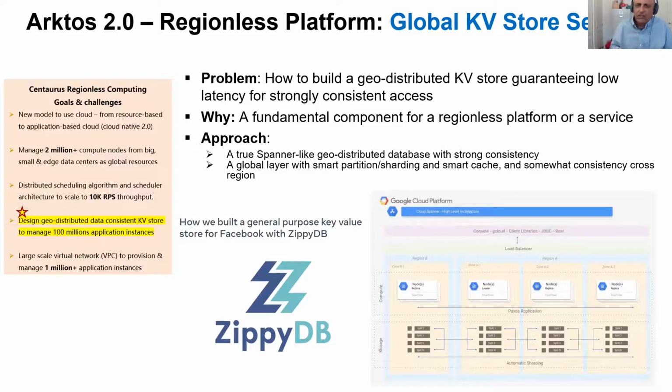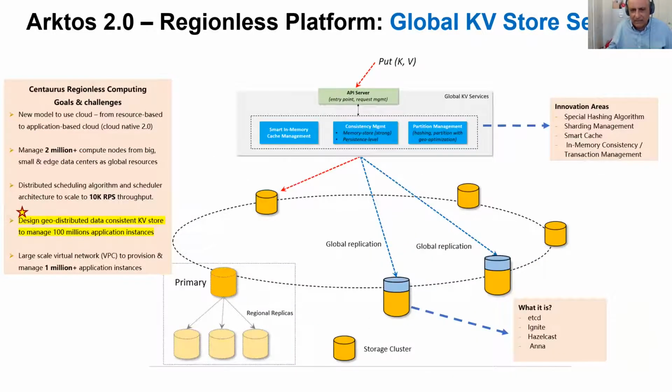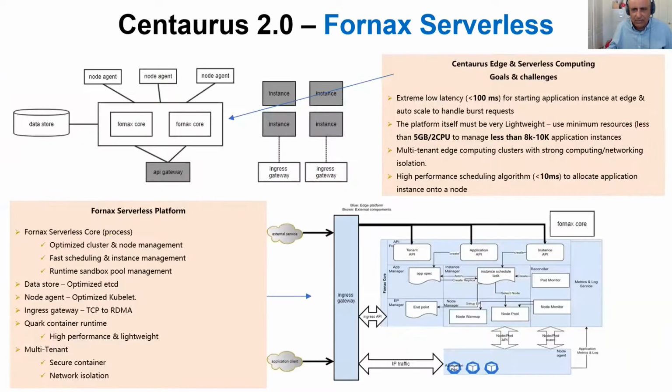So that's where we are looking into a coordination-free, CRDT-based approach to enable such a key-value store. That's what I briefly touched upon. And then we're building out a brand new serverless framework for the edge as part of our Fornex platform.